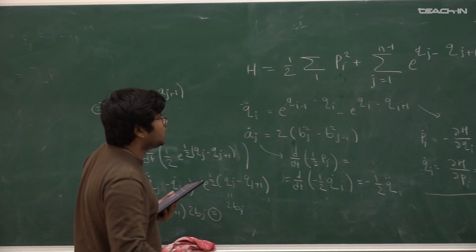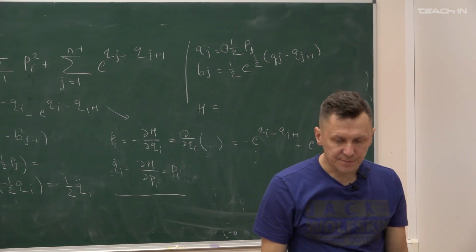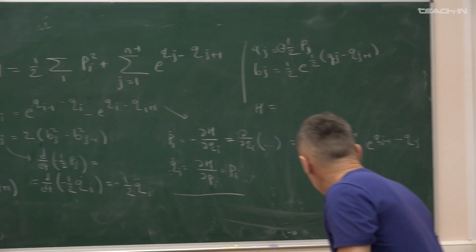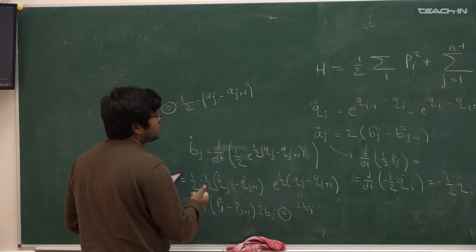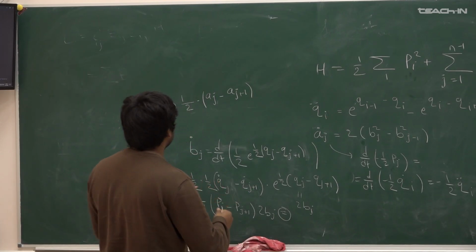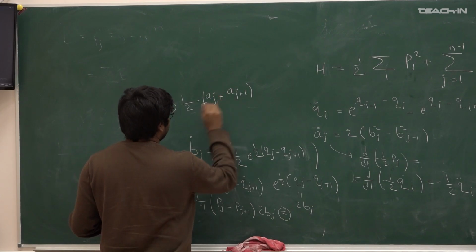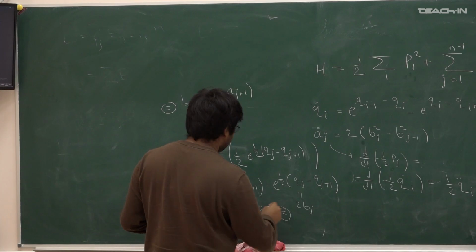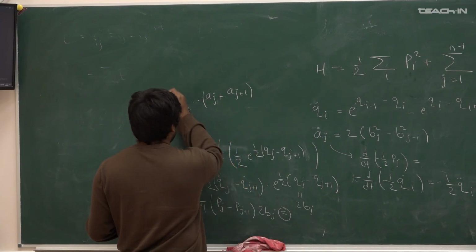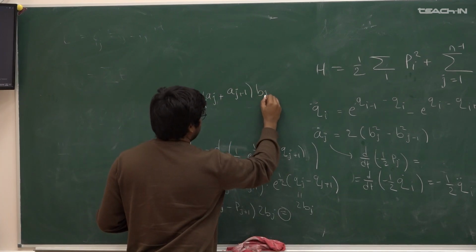There is a minus here also, so it will be just a plus. Yes, we have to change signs. So it will be plus and it will be minus, right? Multiplied by 2 bj's. So 2 and 2 will cancel out. Very good.